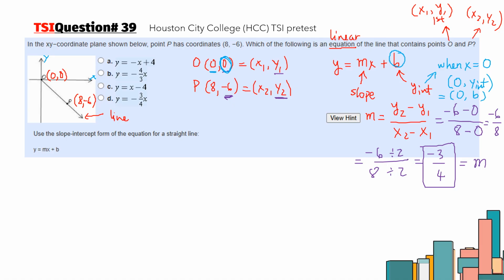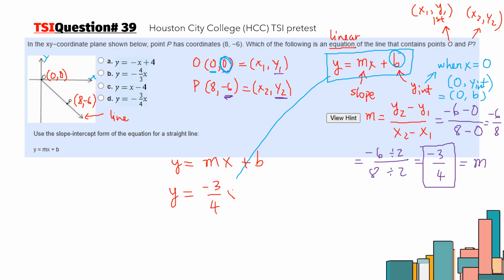Now let's plug in. This is the equation of the line we need. Y equals mx plus b. We have m is -3 over 4, so -3 over 4 x, plus 0, because b is equal to 0.